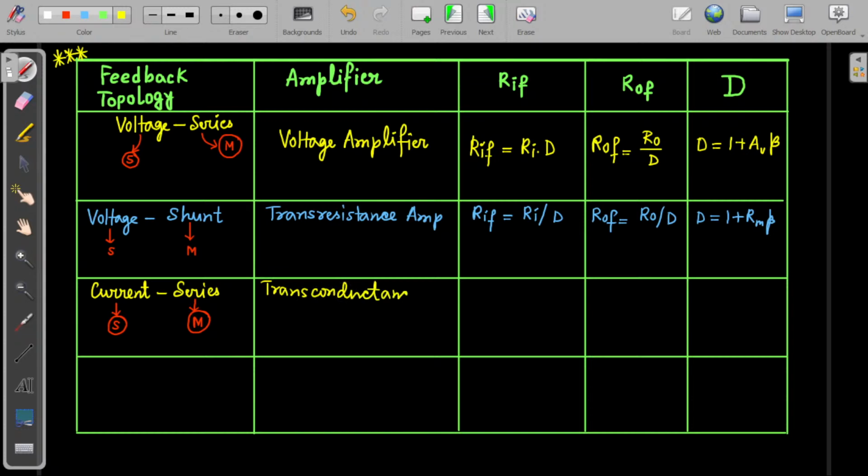In this case, the overall input impedance with feedback RIF was input impedance into D, and the output impedance overall with feedback was R0 into D, and D क्या था? D was equal to 1 plus gain of the basic amplifier, that is the basic amplifier is transconductance, उसका gain क्या था? GM into beta.